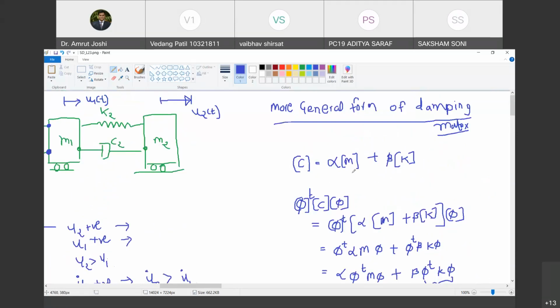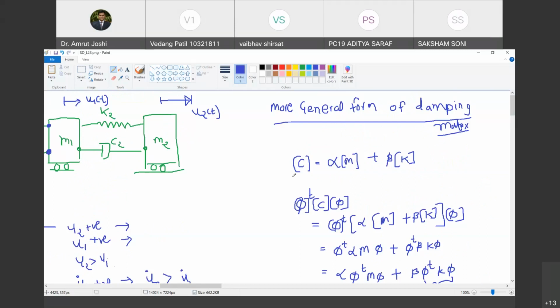So even if I represent the C matrix as mass proportional plus stiffness proportional, alpha times M plus beta times K, the resulting C matrix is going to get diagonalized with the transformation that makes the M and K matrices diagonal. So the same transformation helps me decouple the equations of motion.